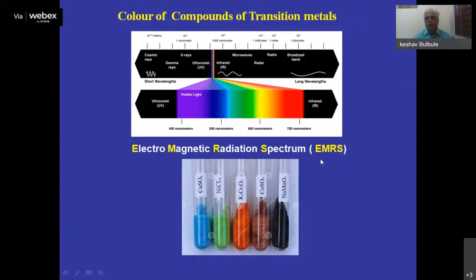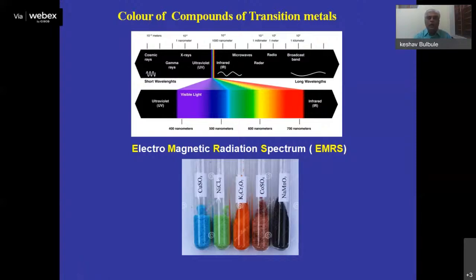For that, one should have the basic information of what is called the electromagnetic radiation spectrum. You know what the electromagnetic radiation spectrum is? The spectrum of a variety of wavelengths ranging from radio waves up to gamma radiation. In this electromagnetic radiation spectrum, we have a very, very small patch of wavelength ranging from 4,000 angstrom to 7,500 angstrom, and this range is called the visible region of the entire electromagnetic radiation spectrum.